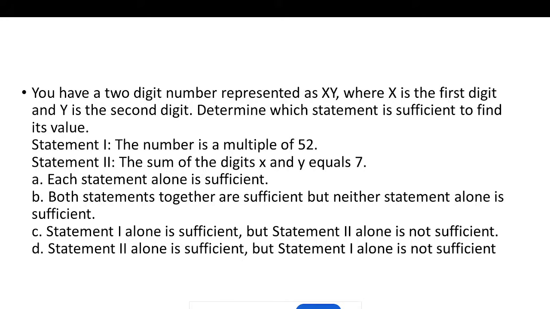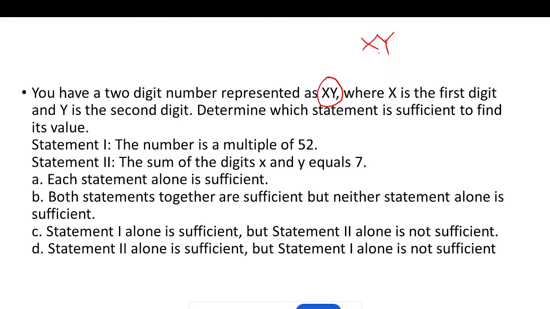You have a two-digit number represented by XY, where X is the first digit and Y is the second digit. Determine which statement is sufficient to find the value.